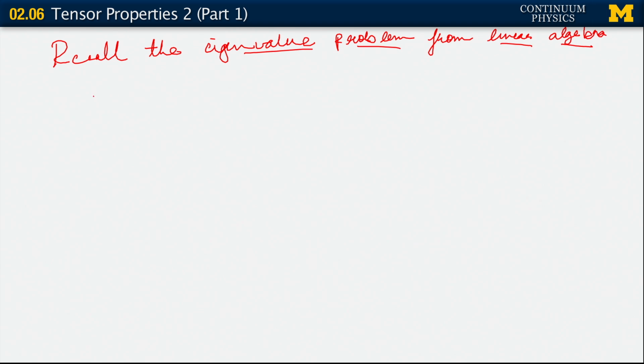The way this works, we're going to use our notation from linear algebra, but we're really going to talk about this for tensors, not just for matrices.